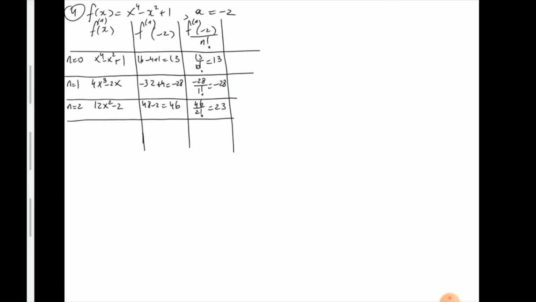And n equals 3, it's 24x. At minus 2, that's 24 times minus 2, which is minus 48. Minus 48 over 3 factorial, which is 6, that's minus 8.